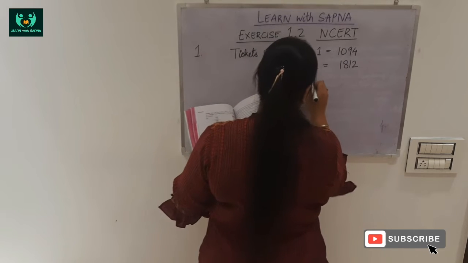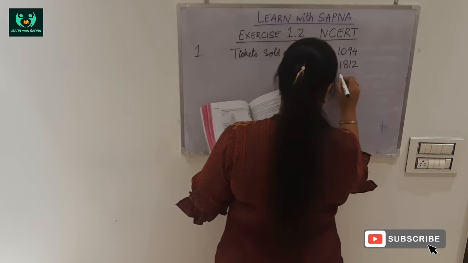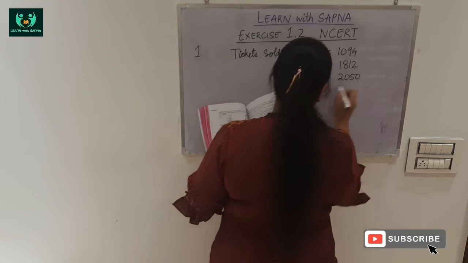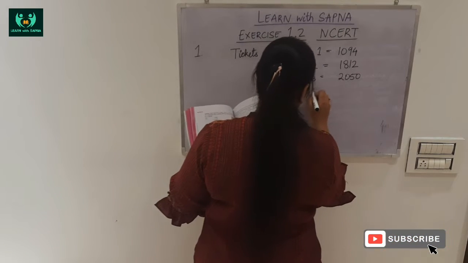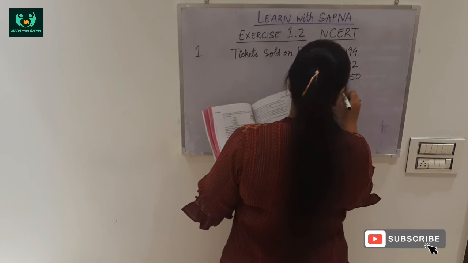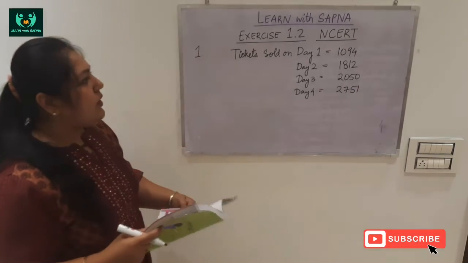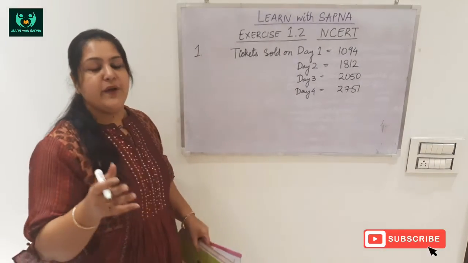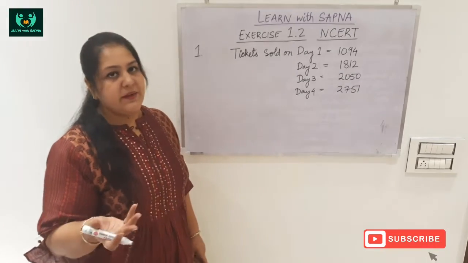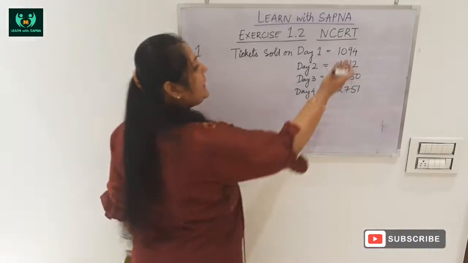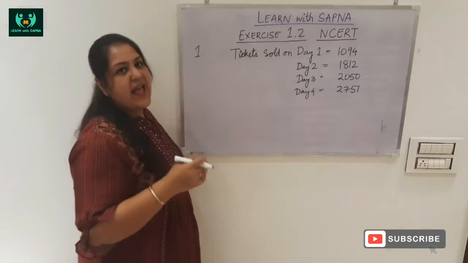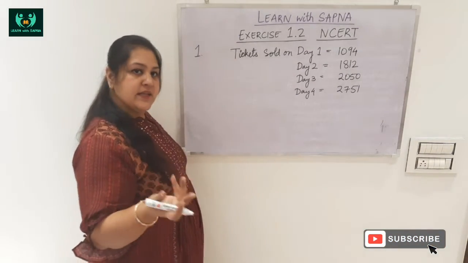Day 3 is 2050. Day 4 is 2751. Okay, these are the tickets sold on respective 4 days. We have to find the total number of tickets sold. Simple hai, simple addition. We'll add all 4 numbers and we'll get the number of total tickets sold.